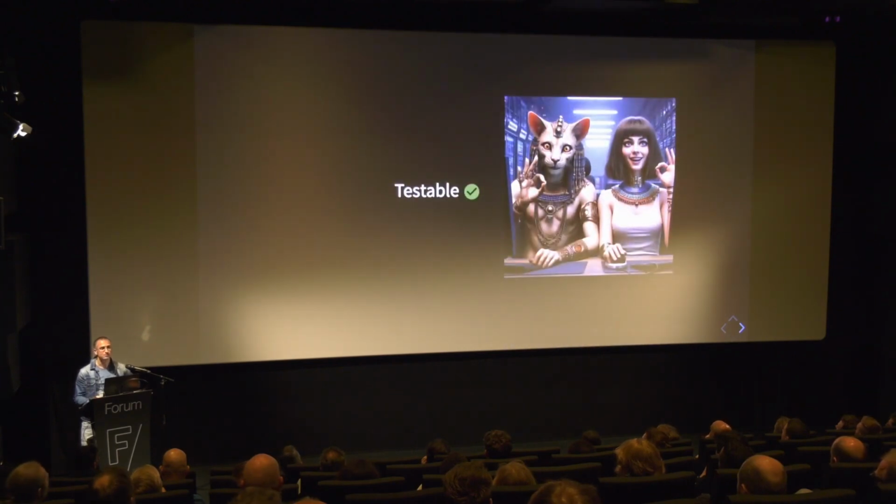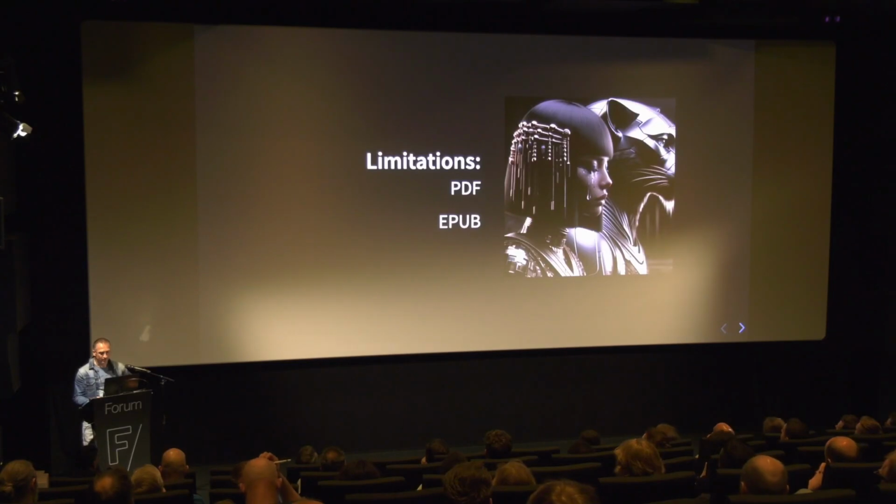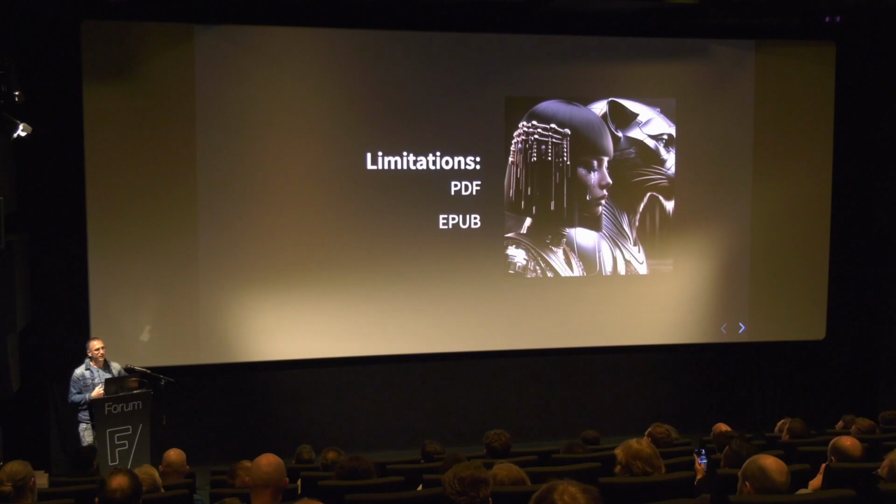So it's testable as well. There are naturally limitations and drawbacks here. Because we're using JavaScript for doing the fancy stuff, fetching snippets inline, rendering of PDF and EPUB will not be possible.